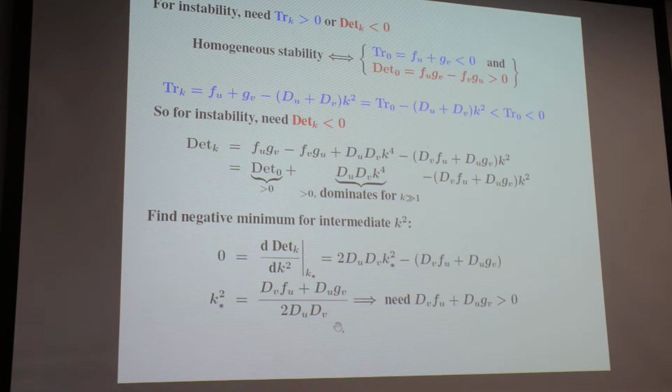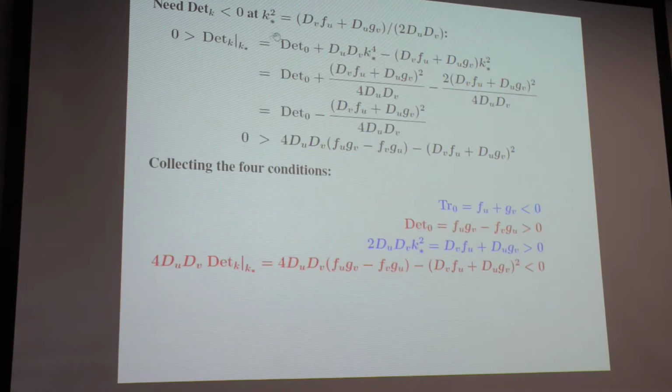So we plug this solution into this expression, and that's what we're doing in the next set of equations. Here's the determinant. Here is that special minimum k star squared. And we plug it in. Here's the expression for the determinant. And we plug in, this is the square of this.